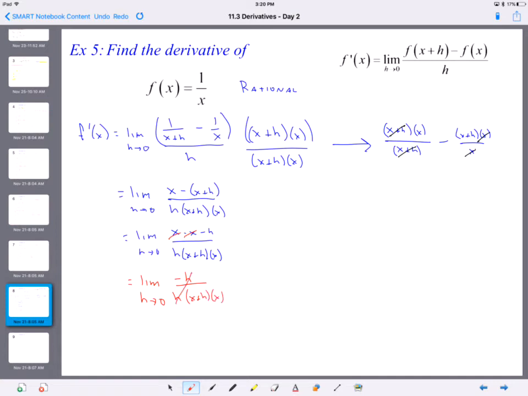So now the h's cancel, and now we know we can get back to our direct substitution. So as h approaches 0, we get negative 1 over x times x plus h.